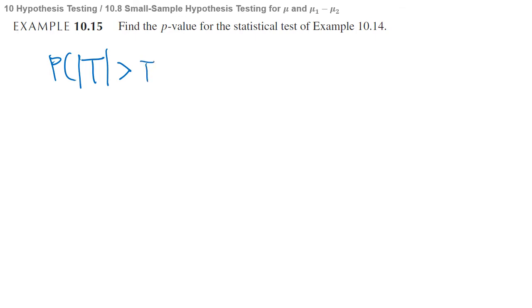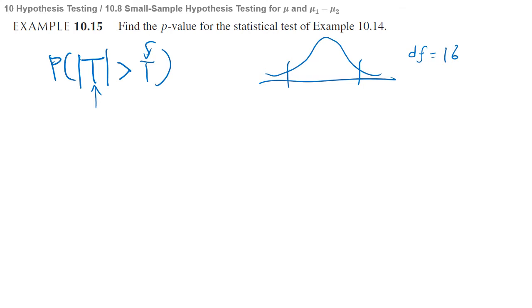This is the t distribution with degrees of freedom 16, and this value is the statistic that we observed, 1.65. So what would be the probability that we observe this? The probability that the absolute value of t is greater than 1.65.